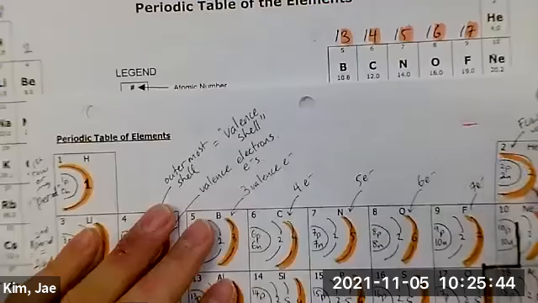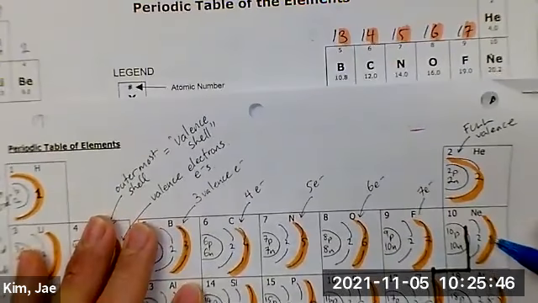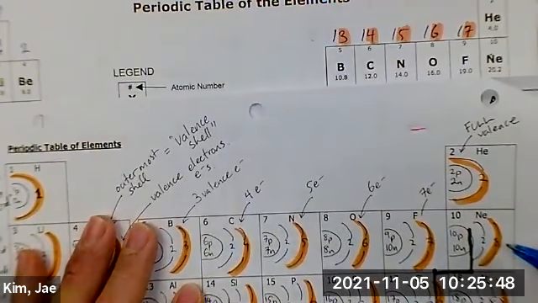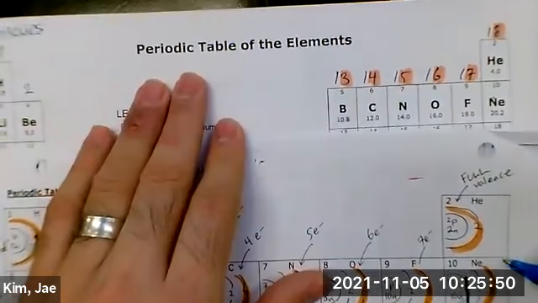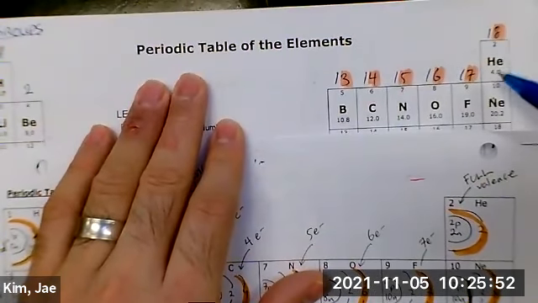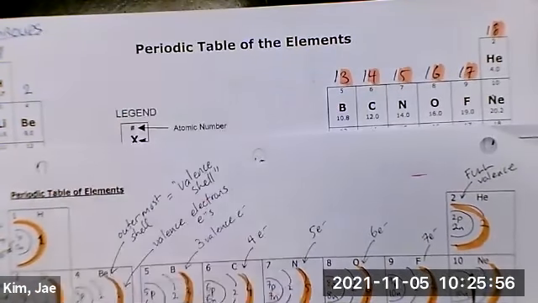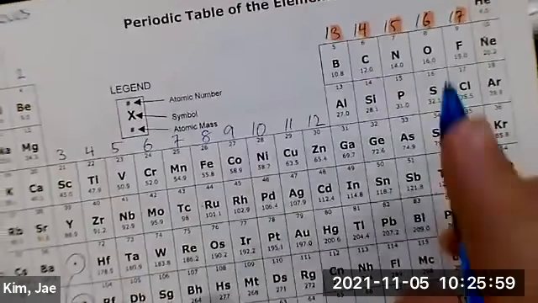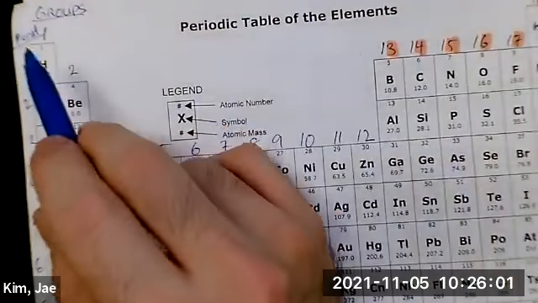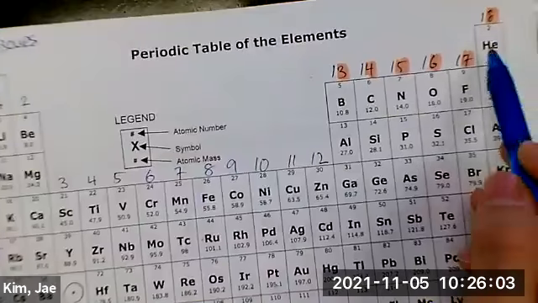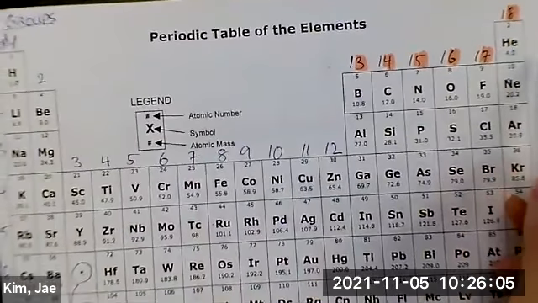Then we go all the way down to neon. How many valence electrons does neon have? 8. Perfect. I know helium is an exception, but I'm pretty sure you can just memorize that helium has 2 on the outer shell. That's essentially why some textbooks just say 1, 2, 3, 4, 5, 6, 7, 8, especially lower grades. But I think you can handle this.